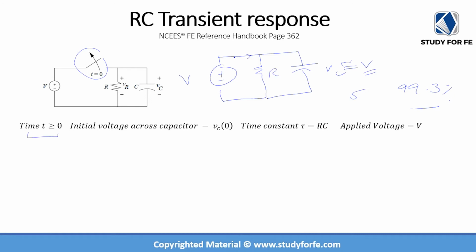So at time t greater than or equal to 0, the switch is opening, and this part of the circuit can then be ignored, and you simply have the capacitor and the resistor in series.